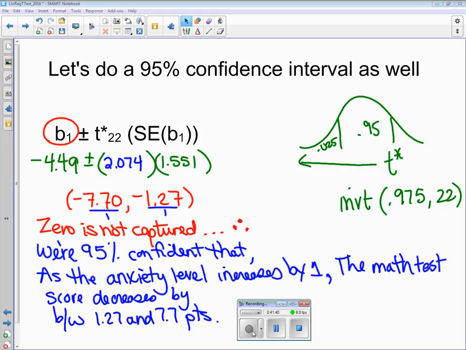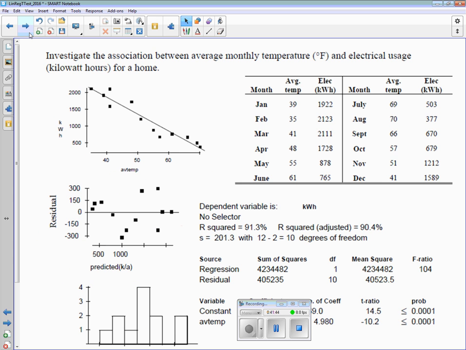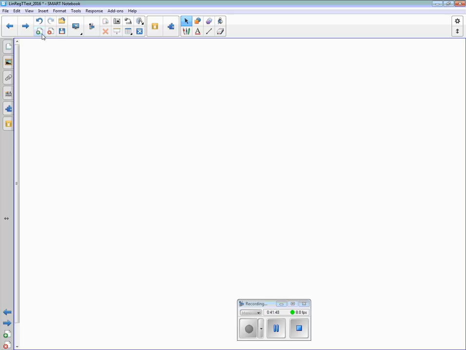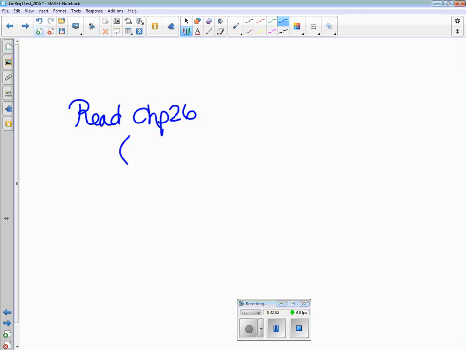Let me go ahead and tell you what your homework is going to be. Oh, by the way, I had another problem, but we're not going to do it, okay? Your homework is to read chapter 26. I'm not going to have you do the just checking. I don't want you copying what it says, but I think it's valuable to actually read the chapter. And I want you to do the problems.